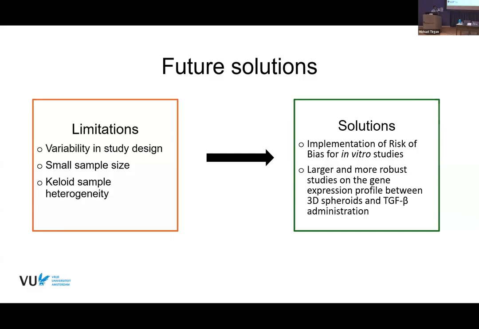If you want to infer a conclusion, even within patients, keloids in different locations can behave differently. I think it's very important to take that into account and not overestimate the results and conclusions that come from this. So I would suggest larger and more robust studies on the gene expression profile of the 3D spheroids and also the TGF-beta administration.